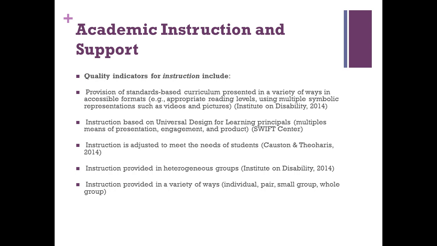So we really need to focus on providing text at appropriate grade level, reading levels, using different symbolic representations such as videos and pictures, implementing elements of universal design, which in big ideas means we're providing students multiple ways of learning the information, multiple ways of engaging in the information, and then multiple ways of showing what they know. So instruction is adjusted to meet the needs of the students.